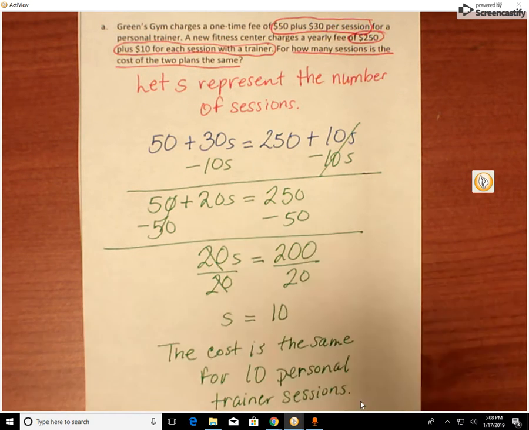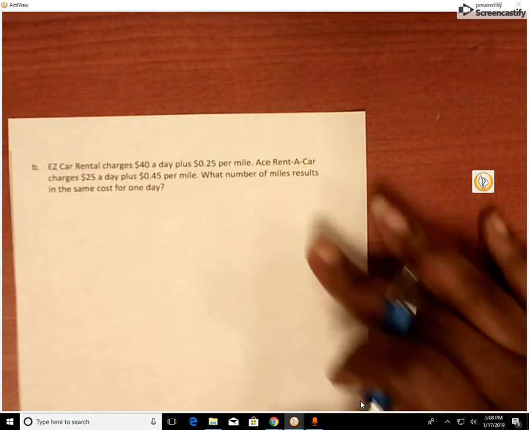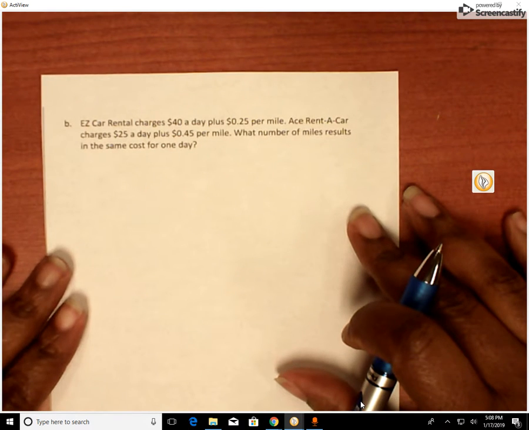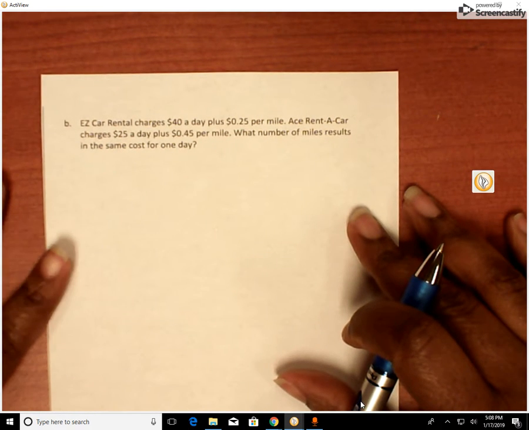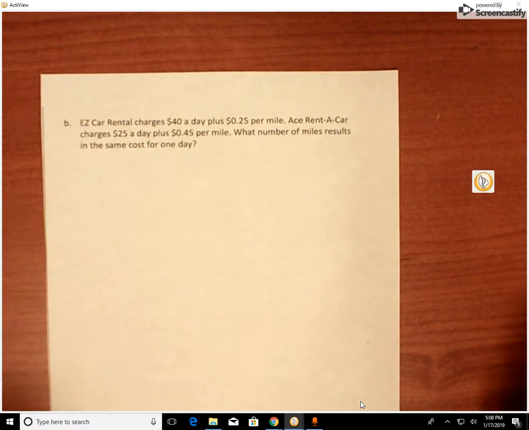We're going to do one more example, and I'm just going to start reading that so you can look at that sheet while I'm doing what I'm doing. It says Easy Car Rental charges $40 a day plus 25 cents a mile. Ace Rental Car charges $25 a day plus 45 cents a mile.